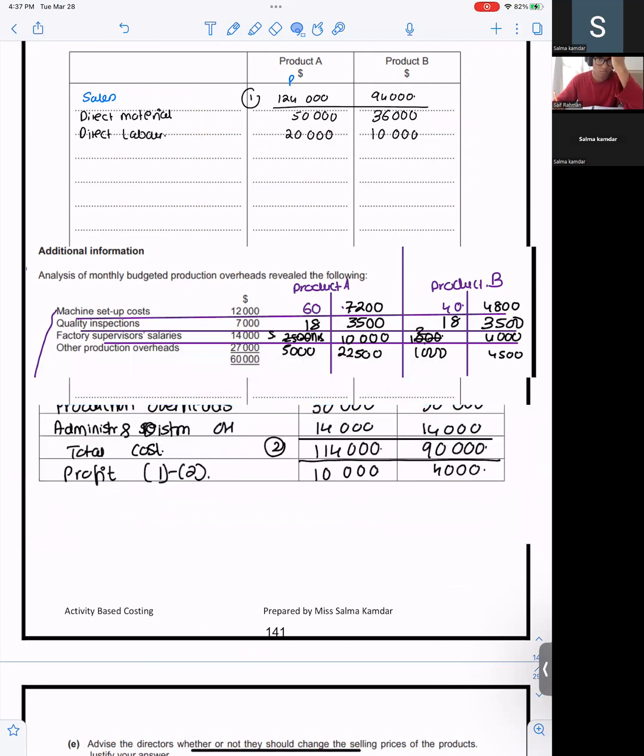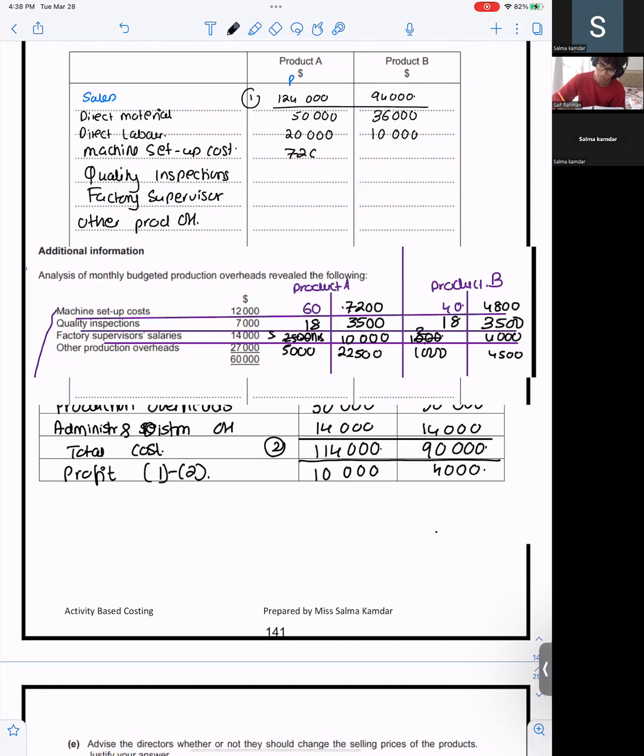Now your production overheads is split up into 4 parts, right? So that I will write. Machine setup costs, quality inspections, factory supervisor, other production overheads. Okay.